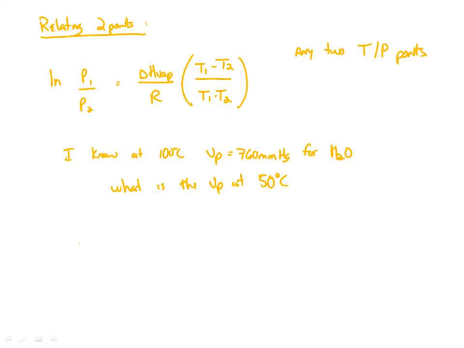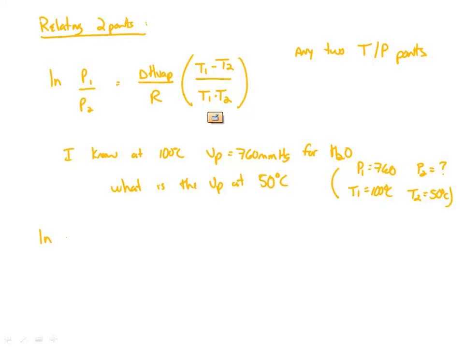So I've got P1 equals 760, T1 equals 100 degrees Celsius, P2 is what we're solving for, and T2 is 50 degrees Celsius.